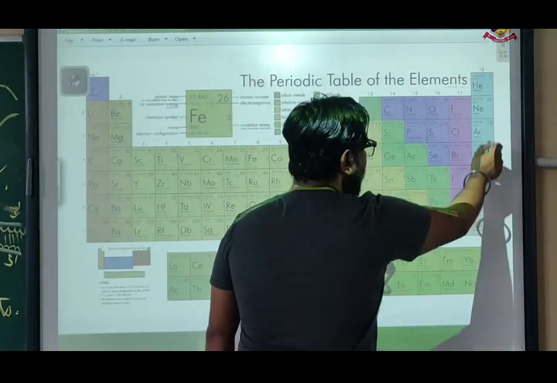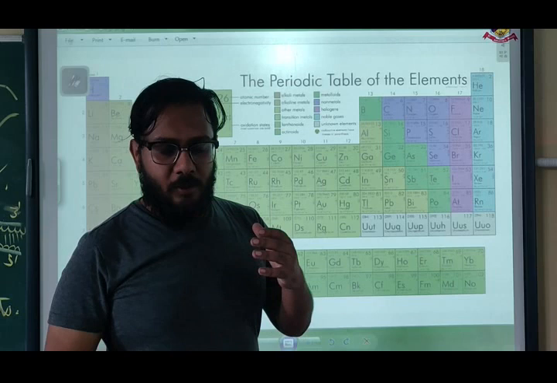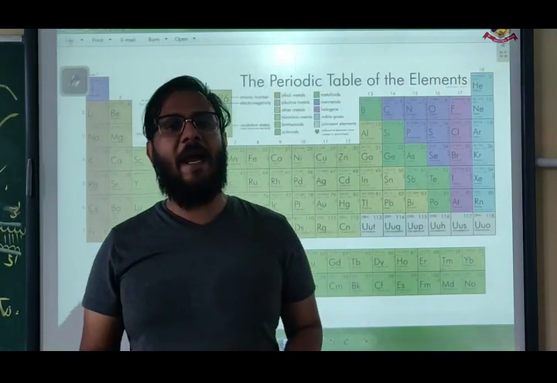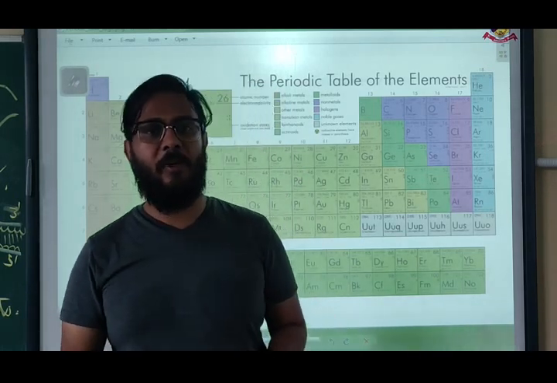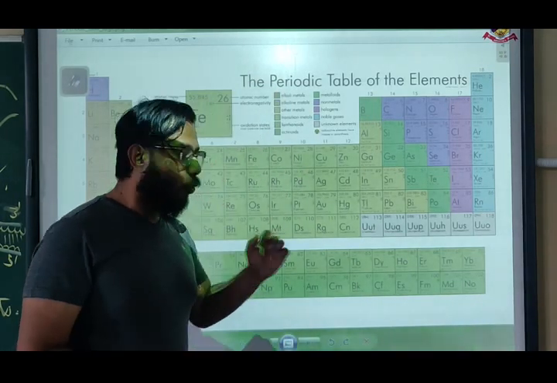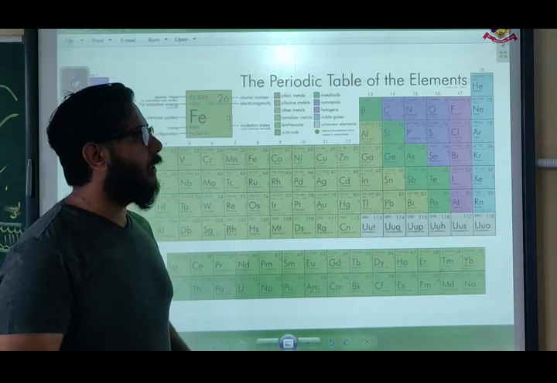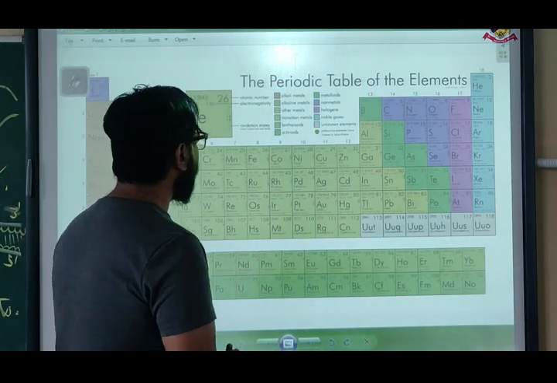These are gases which do not react with other elements. Why? Again, we'll get into that when we study electronic configuration.